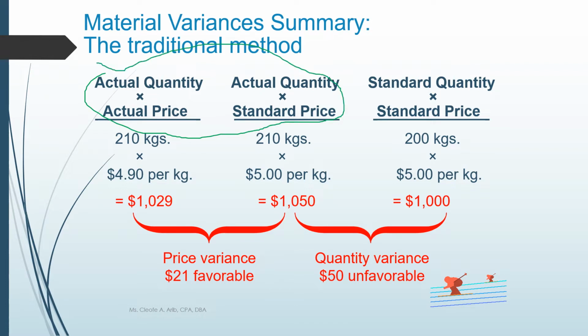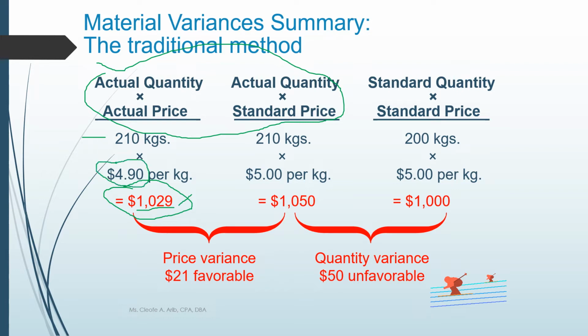So let's compute for your actual quantity times your actual price. The total of that is 1,029. Right? Because it was stated clearly earlier in the problem that you consumed in actual 210 kilograms and then the cost of the 210 kilograms is 1,029. So if we work back, we can compute the cost per kilogram of how much?